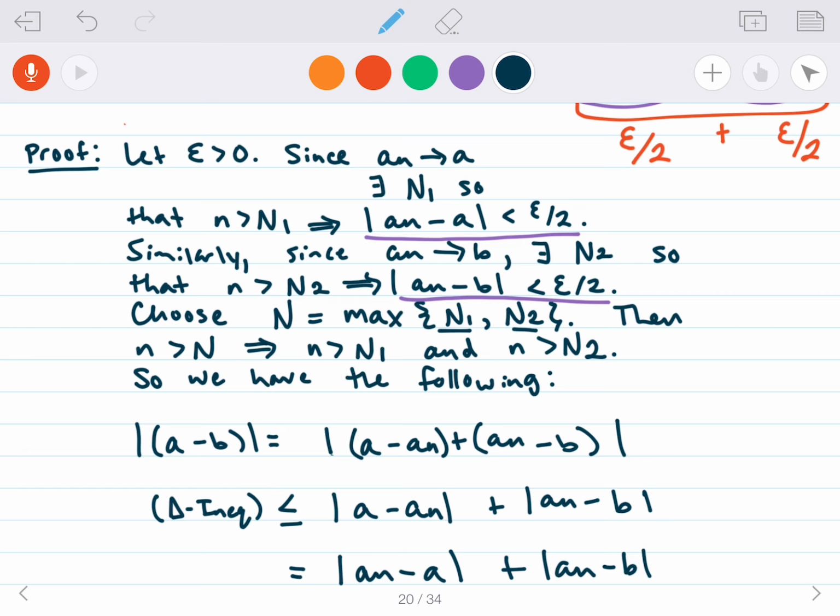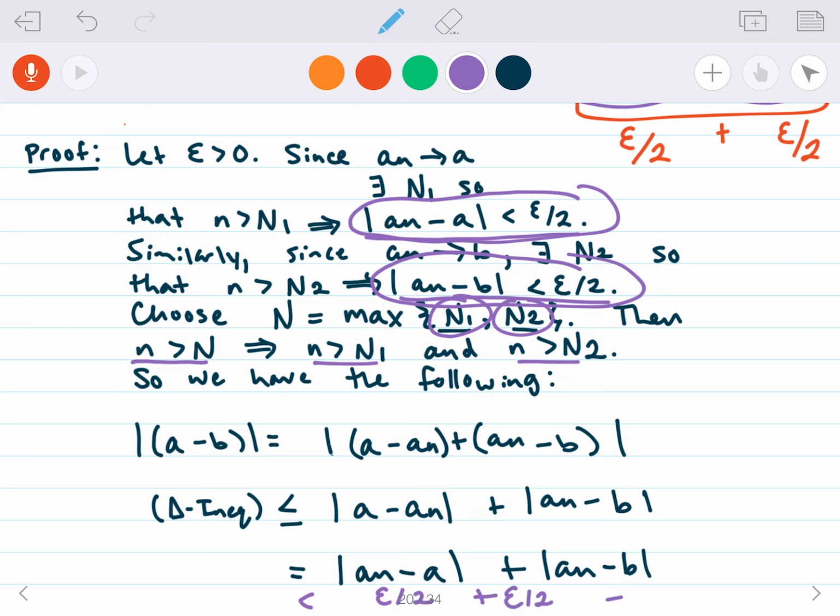And we already said that because I chose capital N so that it was the max of n1 and n2, that means that both of these things are true simultaneously, which means that this guy is less than epsilon over 2, and this guy is also less than epsilon over 2. So this is going to be less than epsilon over 2 plus epsilon over 2, which equals epsilon.